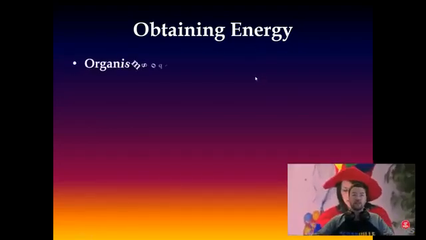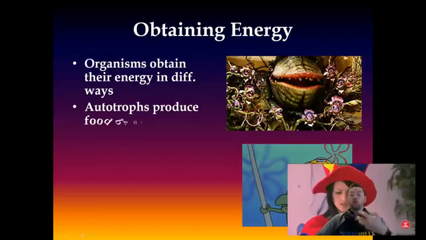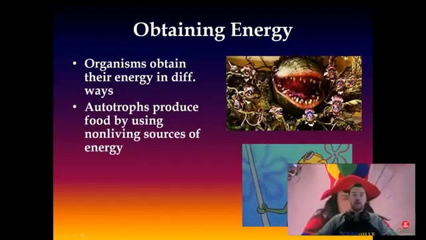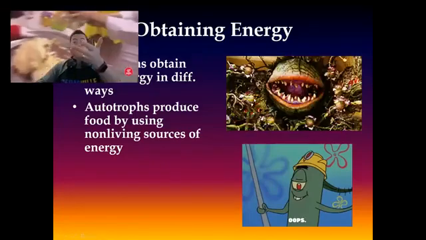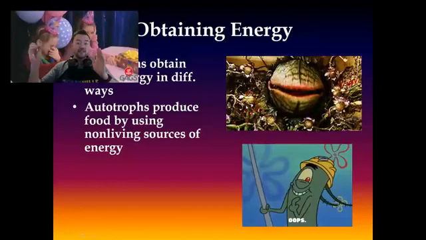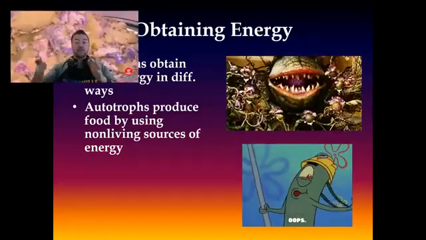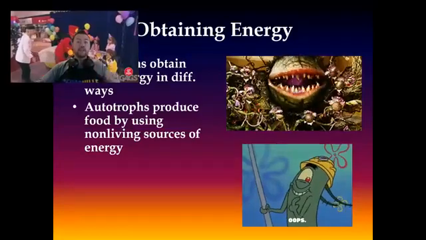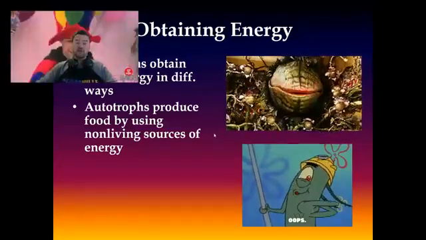So first of all, let's look at how organisms get their energy. Depending upon the type of organism you are, you're going to get your energy either by producing it, by taking sunlight, using photosynthesis, taking energy from the sun to create food, and then you are able to access that food for the energy. Those are what autotrophs do.